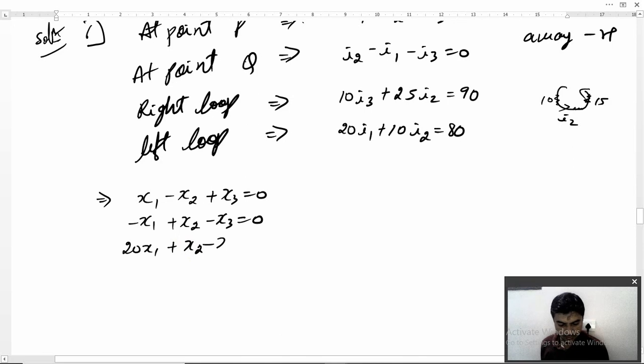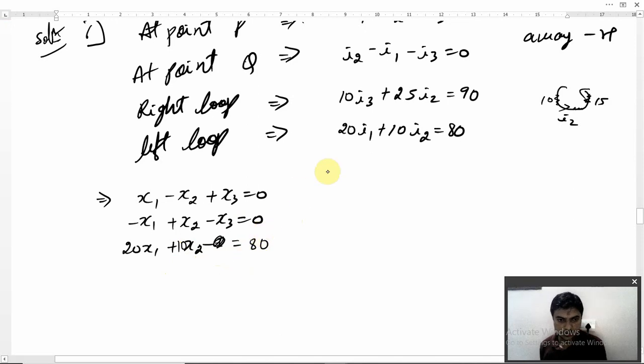If I change the order also no problem, I have just taken the left loop first.